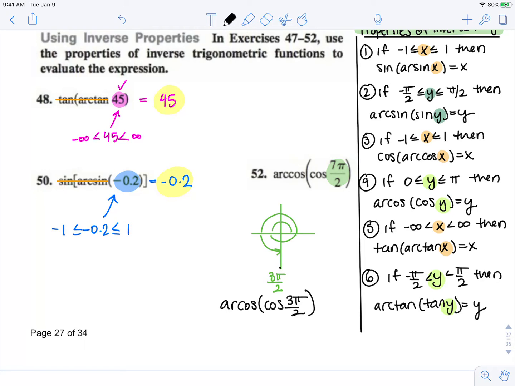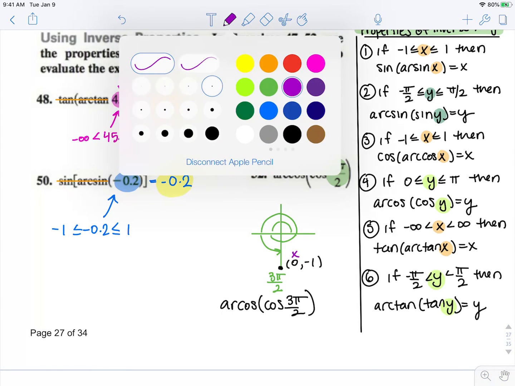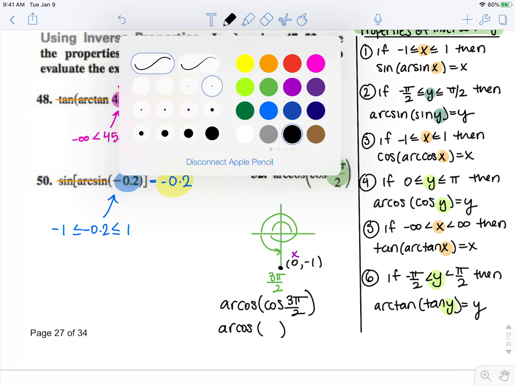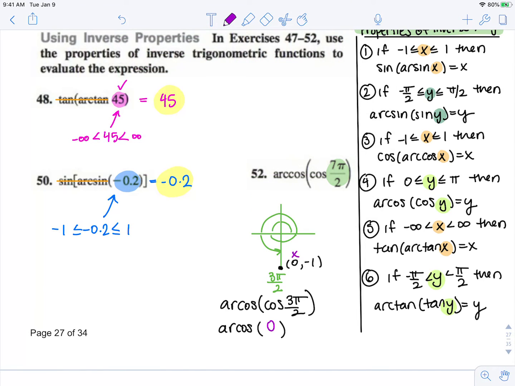We know that at 3 pi over 2, x is 0 and y is negative 1. And for cosine, cosine is x. So we know this is going to be arc cosine of 0.